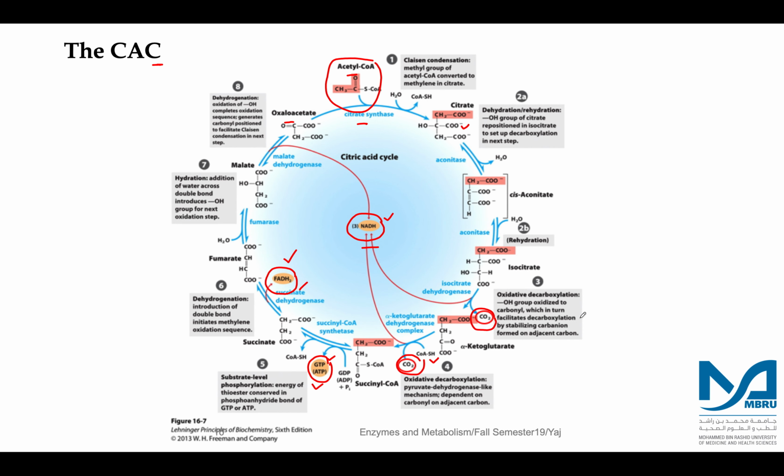Now, once we have the NADH and the FADH2, both these protonated forms will be oxidized in the respiratory chain, where in the presence of oxygen, you will get ATP and water. And NAD and FAD will be regenerated.